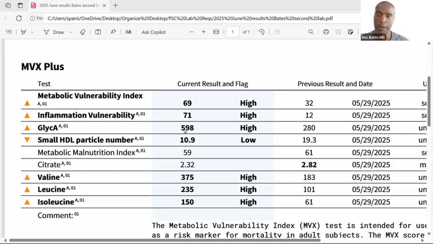So there's a significant amount of inflammation, and we know that there was a viral infection that had occurred between these tests being taken. The other interesting thing is we see here the small HDL particle number. It was almost 20, it was 19.3. Now it's basically cut in half.